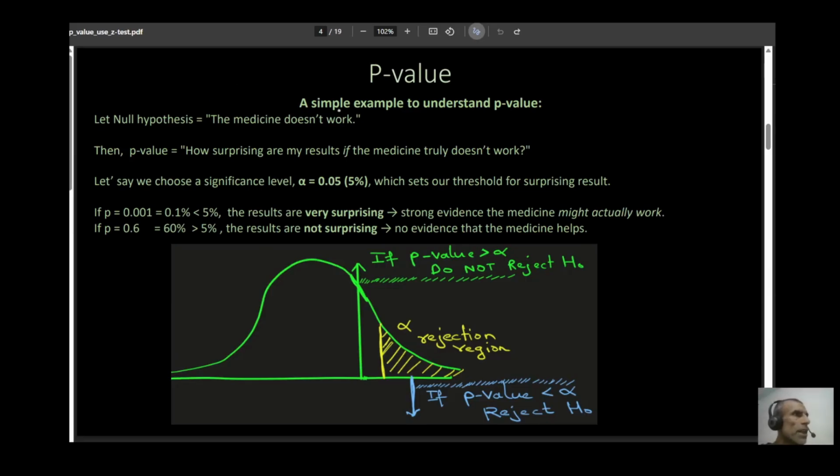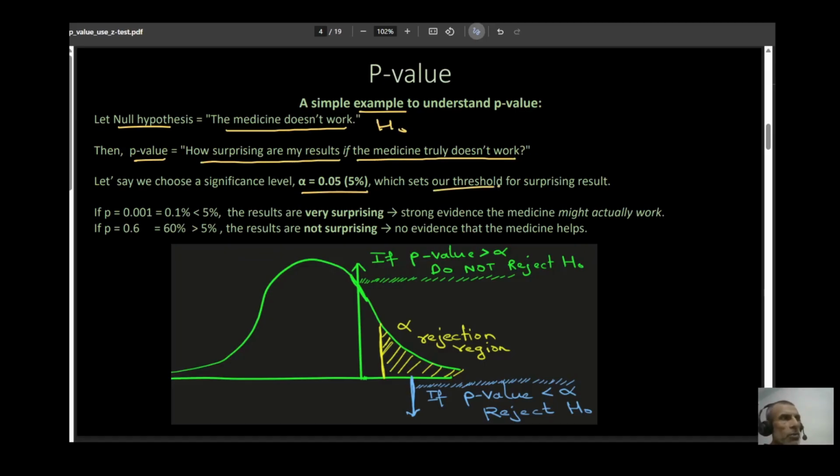So let's understand our p-value through a simple example. Let's say your null hypothesis is the medicine does not work. Your p-value would be how surprising are my results if the medicine truly does not work. So let's say we choose a significance level, let's say it's 5%. This pretty much controls our threshold for a surprising result.